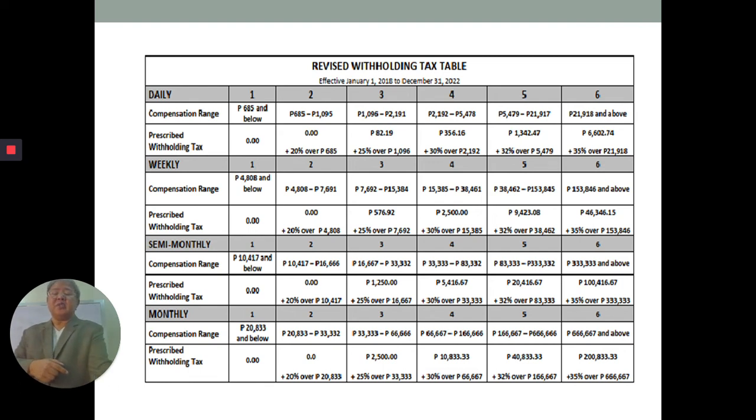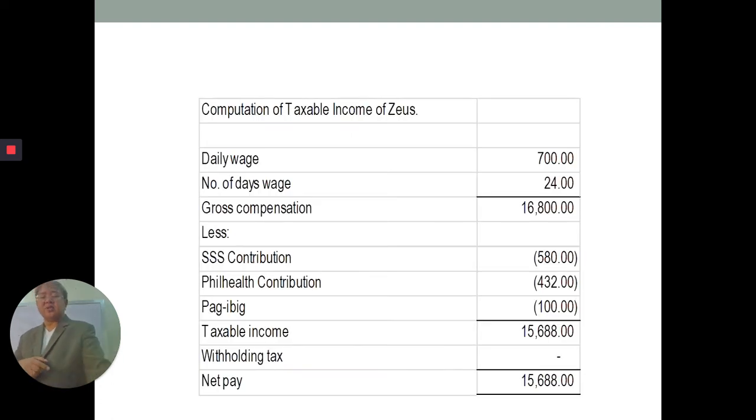Okay? So let's go to the compensation of Zeus. Daily wage is 700 times 24 days. So the gross compensation is 16,800. Now, from the gross compensation, we deduct the contribution of the employee to SSS, PhilHealth, Pag-ibig, until you arrive at the taxable income. And if you see the taxable income, that's 15,688. Let's look at the table again.